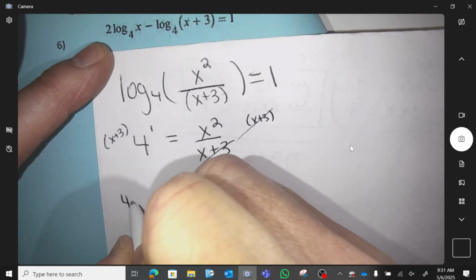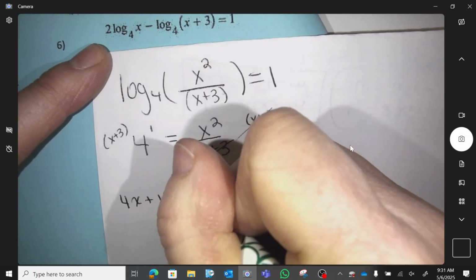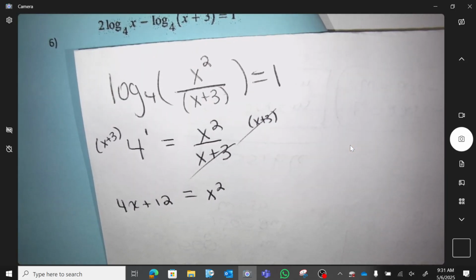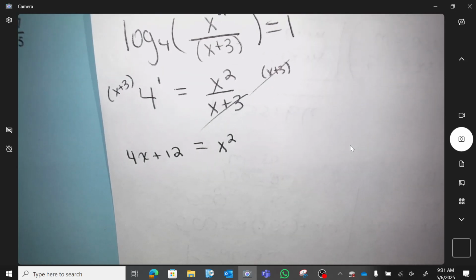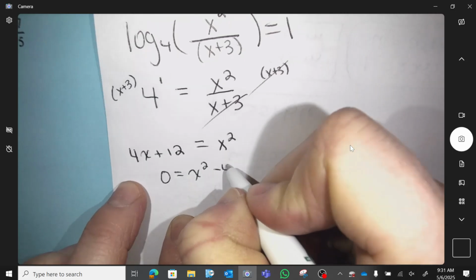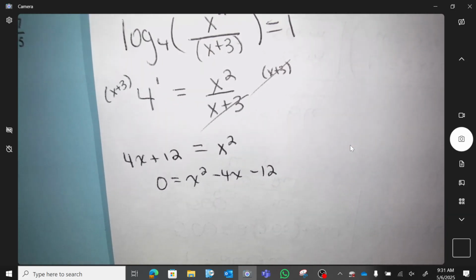Are you going to go 4x plus 12? And what's your favorite 2 words to tell me about equation solving? Equals 0. Make sure you keep your x squared positive, because that will help your factoring.